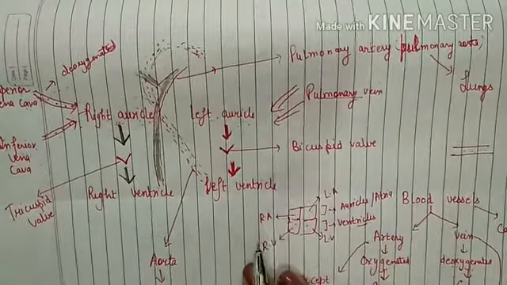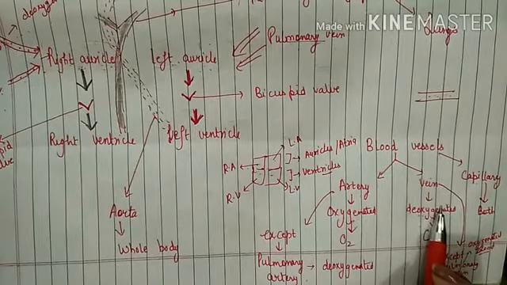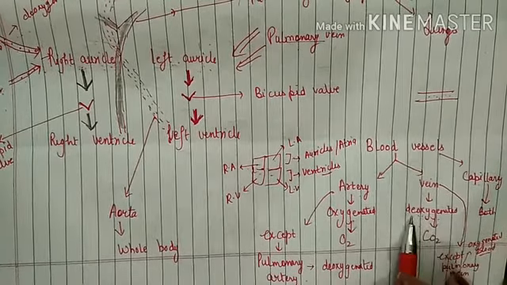So the pulmonary vein will carry the blood and will pour the blood into the left auricle. Now you know that we have just studied that all the veins carry deoxygenated blood, in which oxygen is absent and carbon dioxide is present.